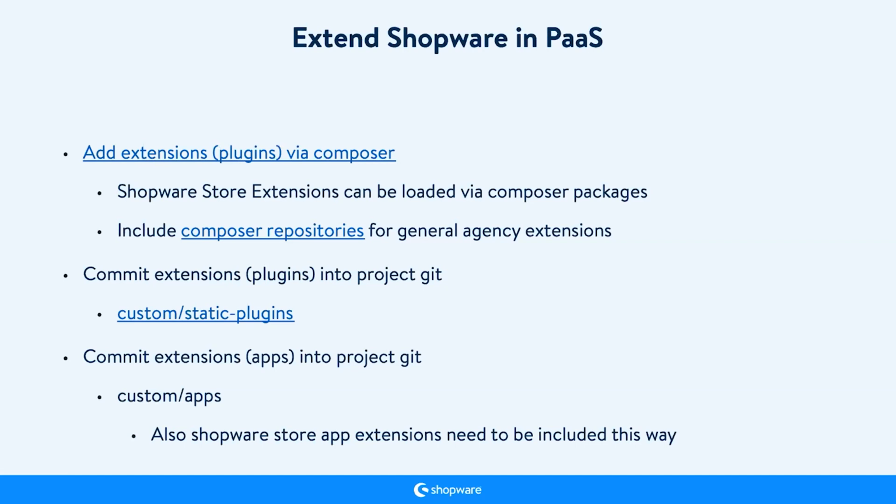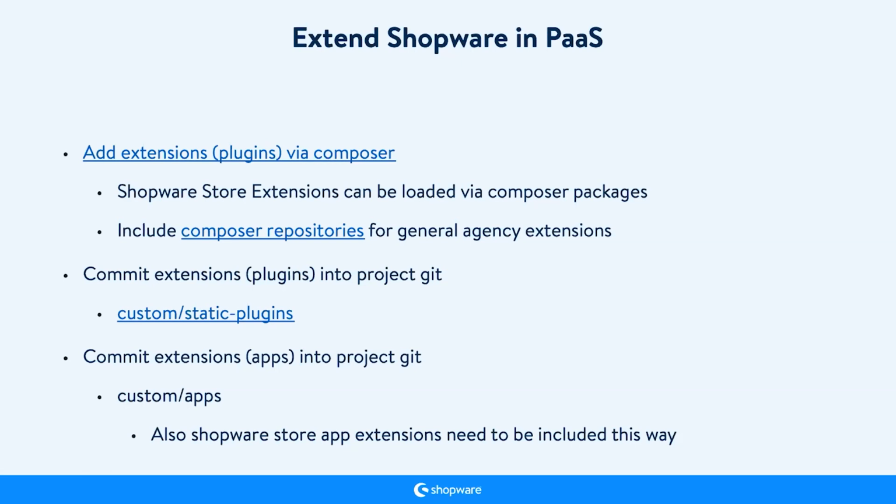To extend Shopware on PaaS, there is the possibility to extend it via Composer with plugin extensions. Like in any other Composer Shopware installation, there are Shopware store extensions that can be loaded through our Shopware Composer package library.